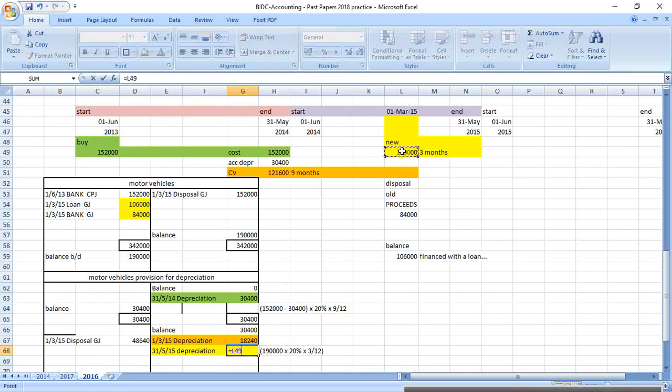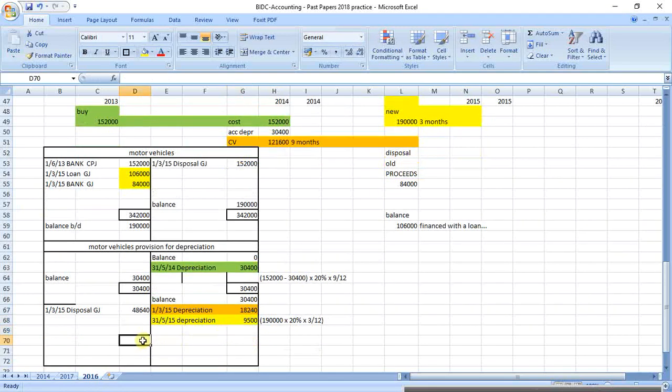Okay, so this times 20%, 0.2 times 3/12 gives me 9,500. Okay, and then I can just balance this off.